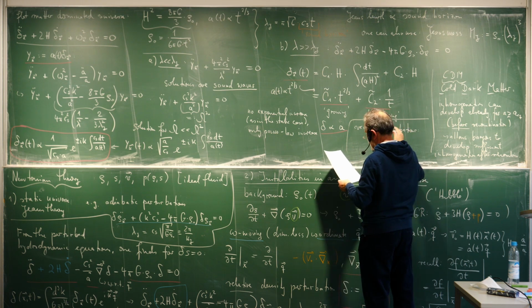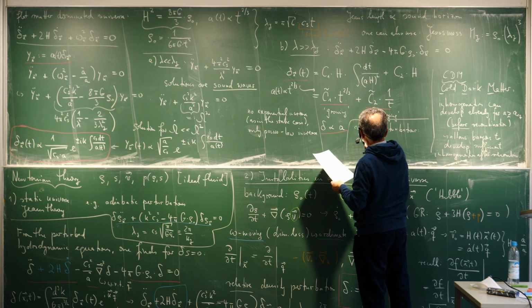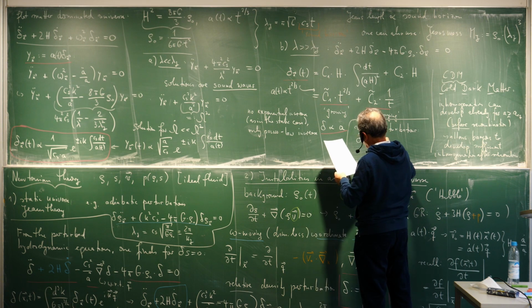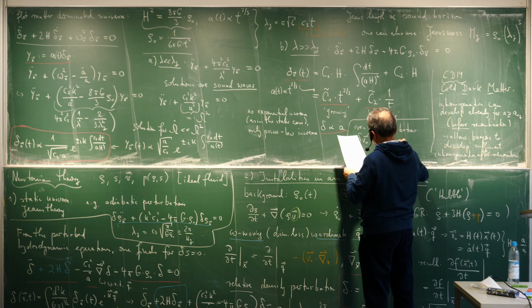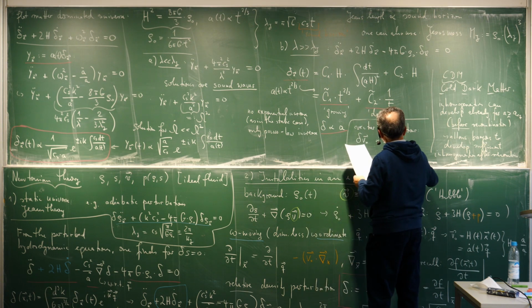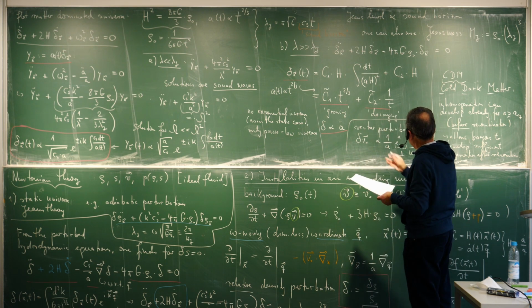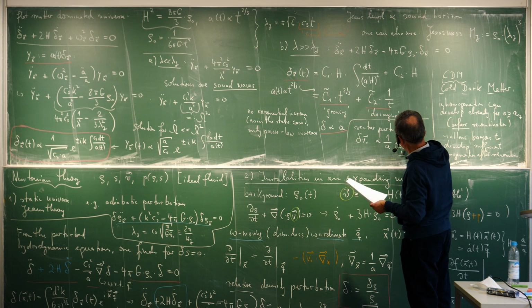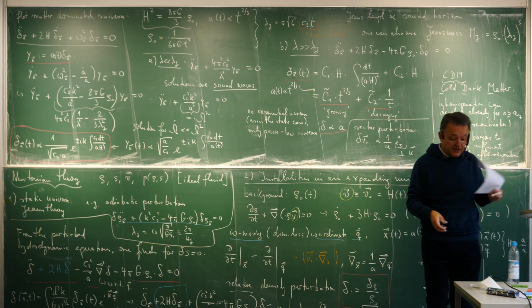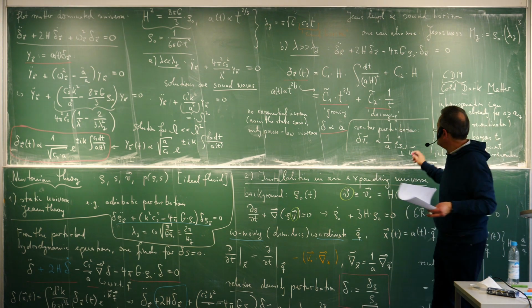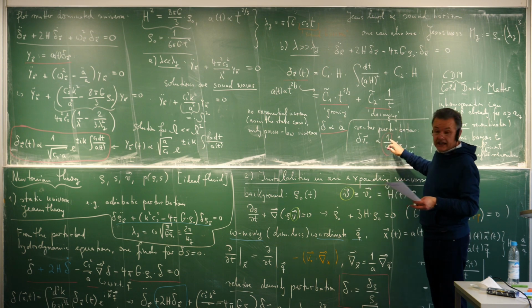Perturbations in the velocity. So, dvk turns out to be 1 over a times a unit vector that is proportional to the direction of propagation, as in the static case, but we have here this extra 1 over a. So you see they decay.